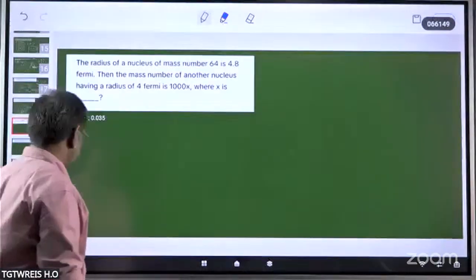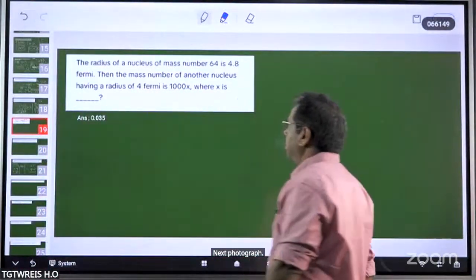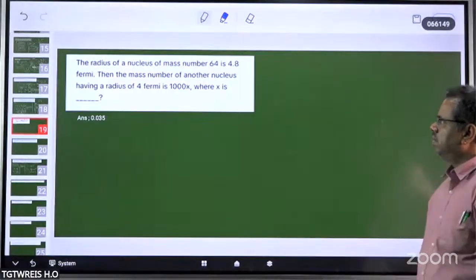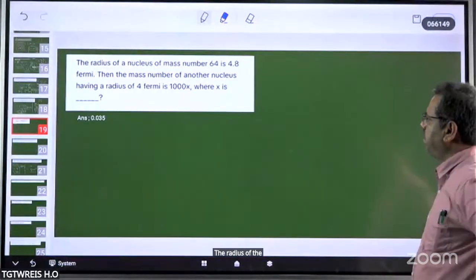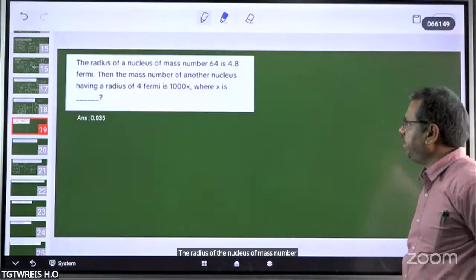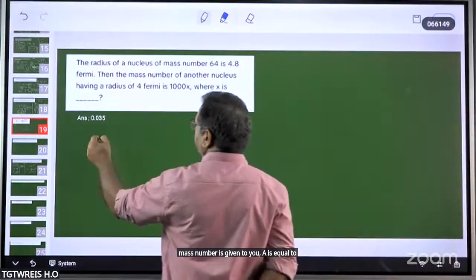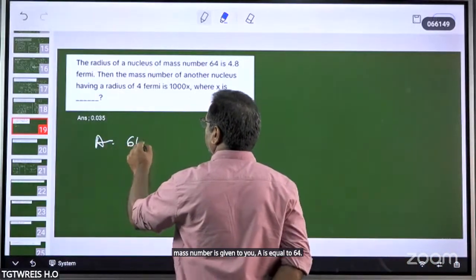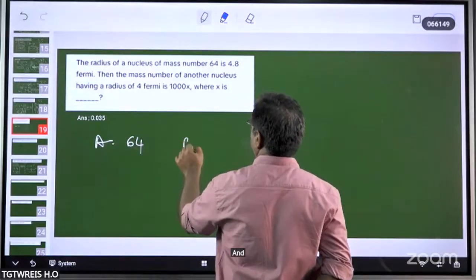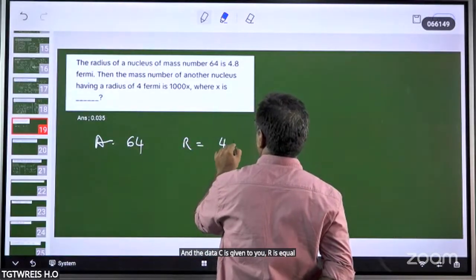Next problem. The radius of a nucleus of mass number A is equal to 64 is given to you, and the radius R is equal to 4.8 Fermi.